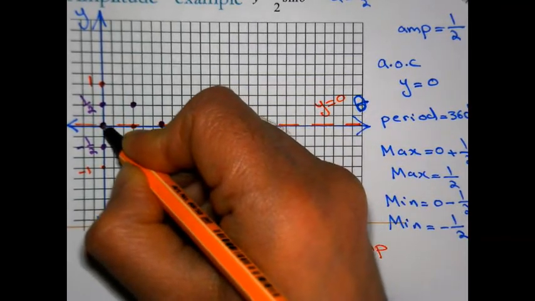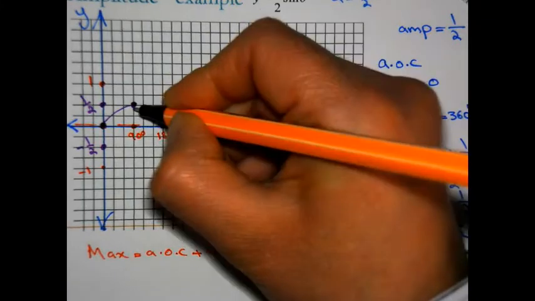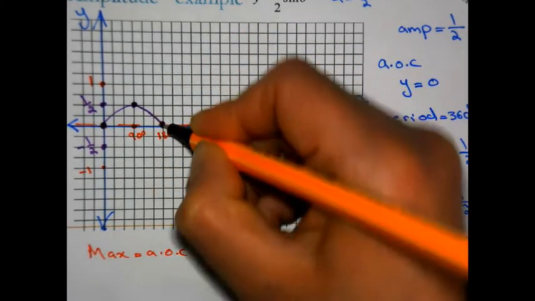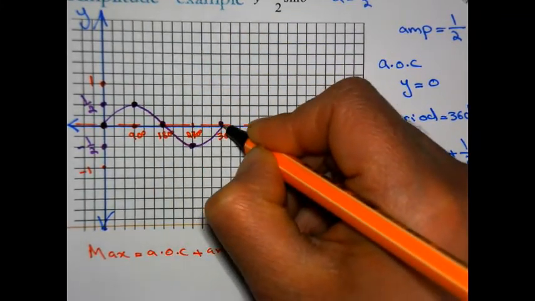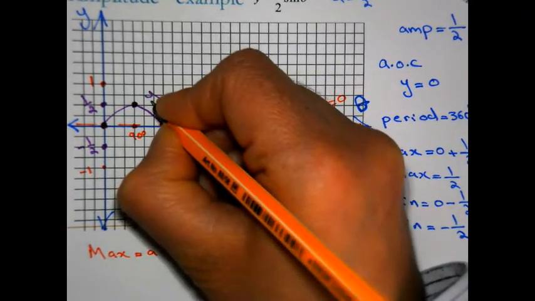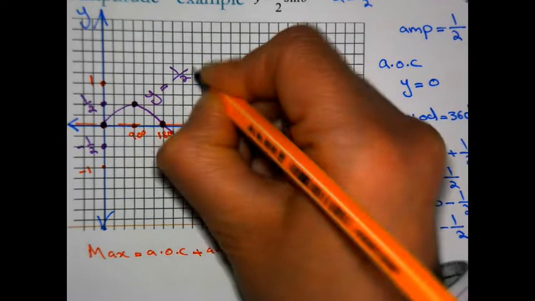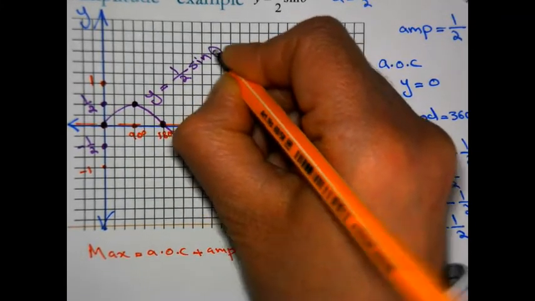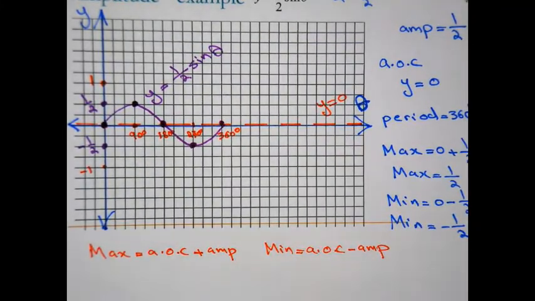So axis of curve, max, axis of curve, min, and axis of curve. And then you are going to label it. So this is going to be your function for y equals 1/2 sine theta.